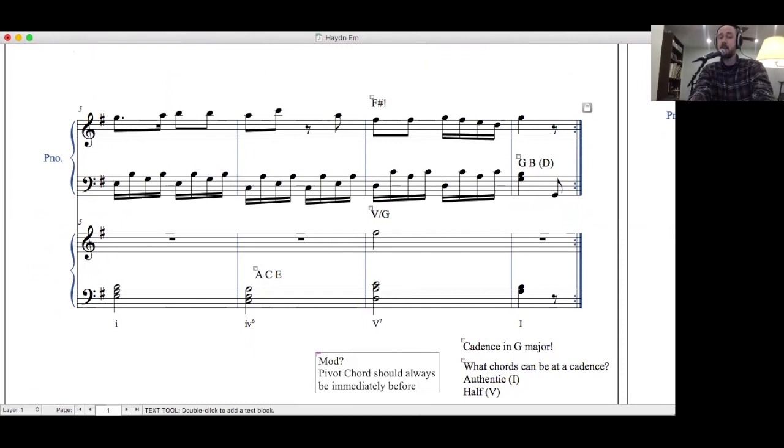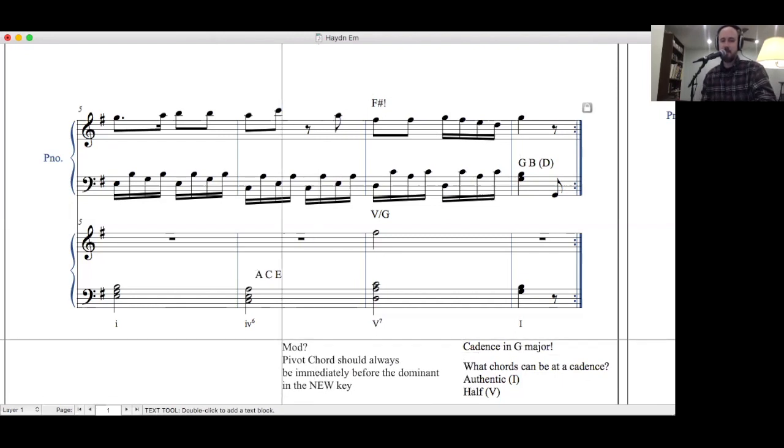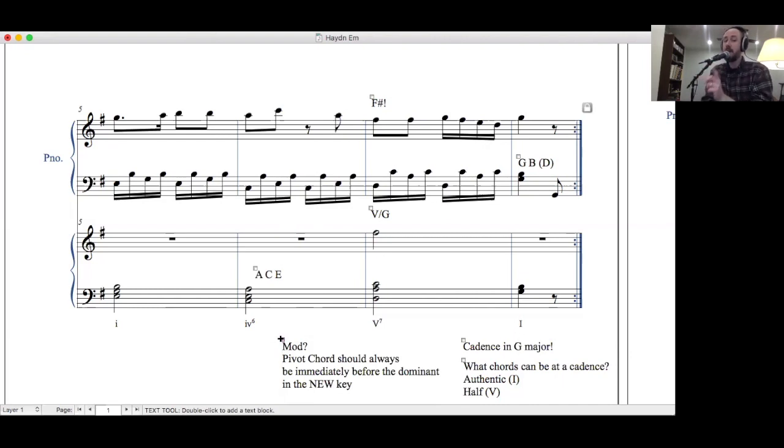It should be immediately before the dominant in the new key. So to help us find the modulation, we know that the pivot chord should always be immediately before the dominant chord in the new key.